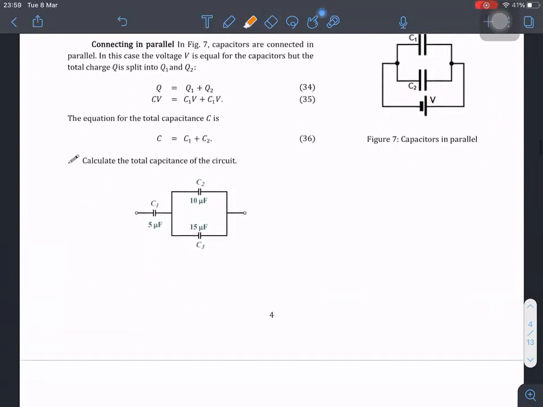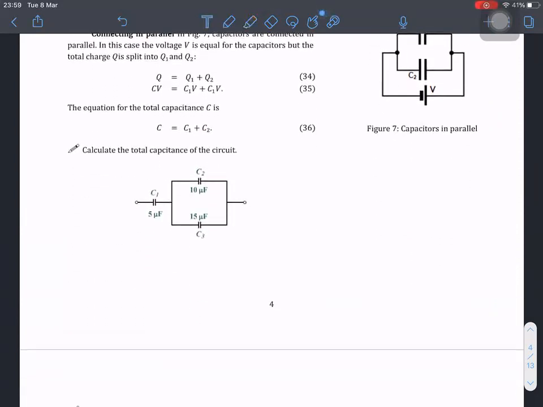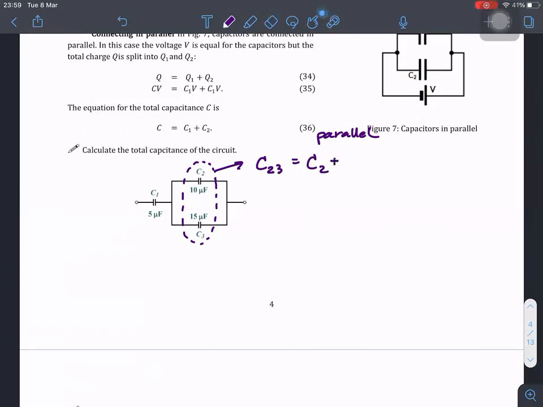Okay, so now there's an example for us to calculate the total capacitance of the circuit. From this, I would easily consider the total capacitance of 2 and 3. With 2 and 3 being parallel, I can just do C2 plus C3.